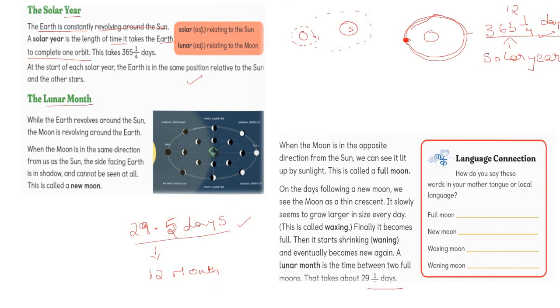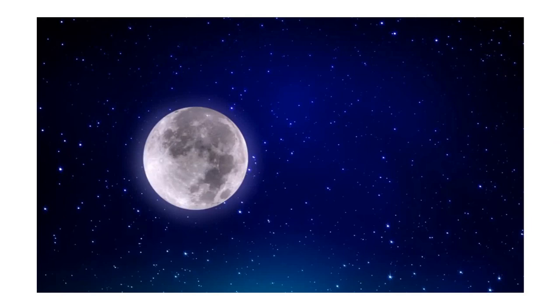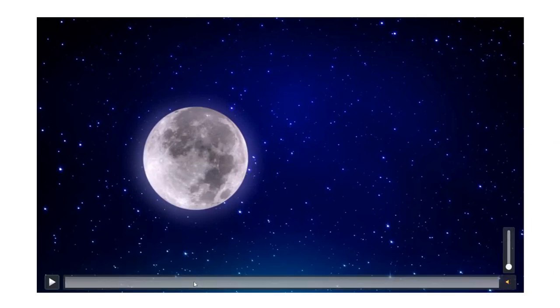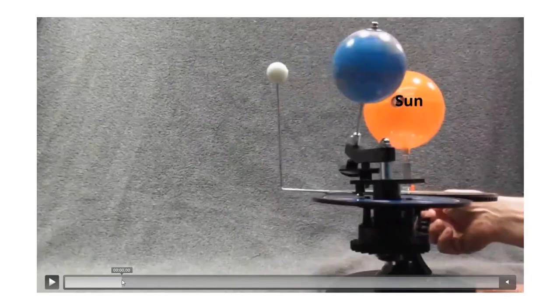The side facing Earth is in shadow and can't be seen at all. This is called new moon. Let us see the video.